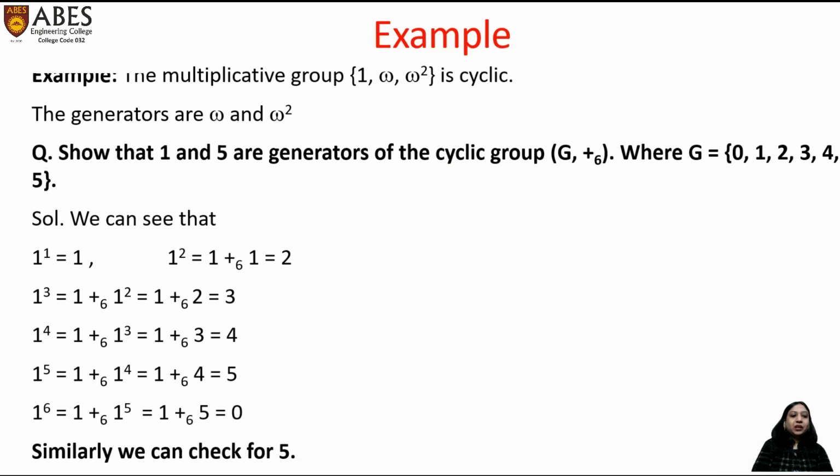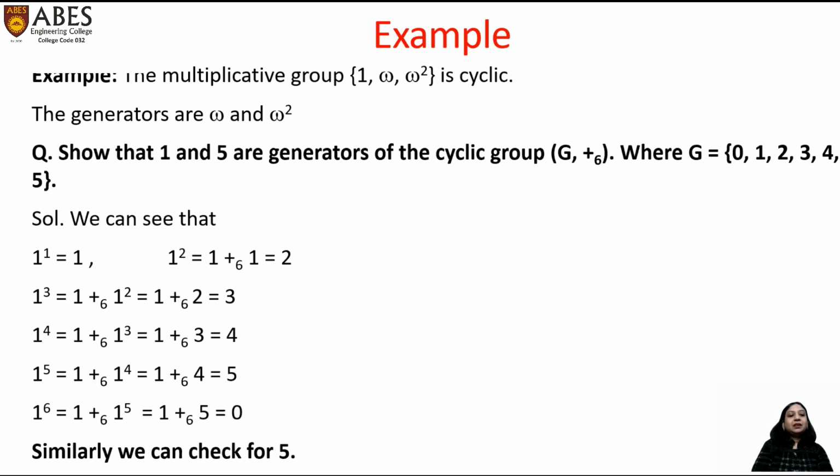It means 1 plus6 1 plus6 1. It means we are writing 1 three times and we are taking the operation plus 6 between them. So every time we add and take the modulo division, and we get 3. Similarly, 1 raised to the power 4 means 1 plus6 1 plus6 1 plus6 1. In that case, we get 4.